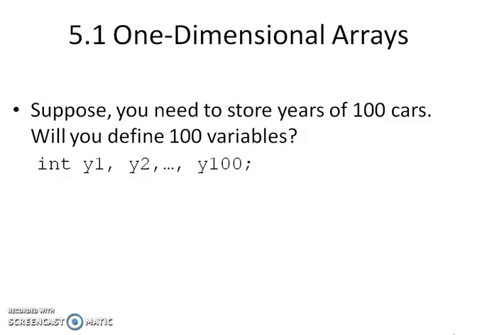We have different data types like integer, float and character, etc. To store 100 car model years, I need 100 variables of type integer, y1, y2, y3, etc. up to y100.